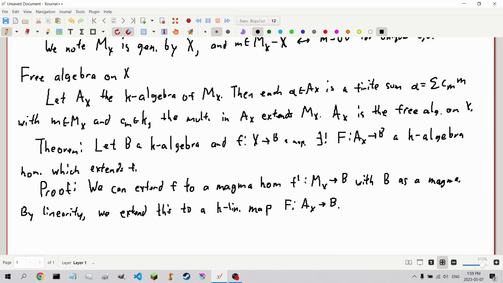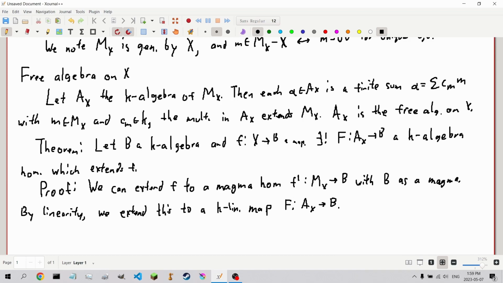We get a homomorphism from our previous results plus the fact that the map from MX to AX is going to behave well with that.